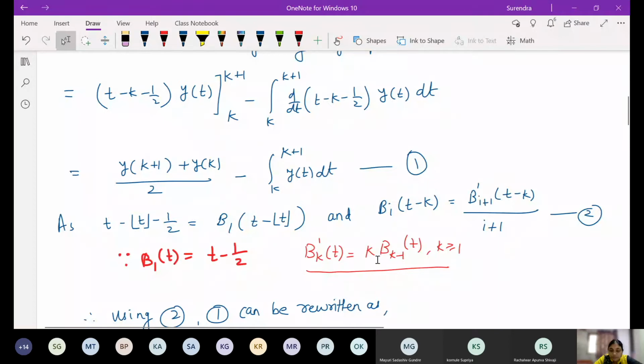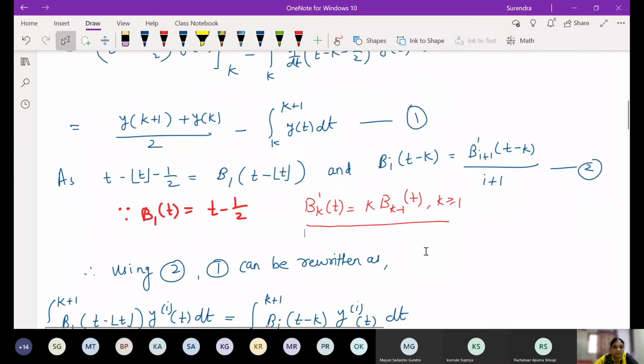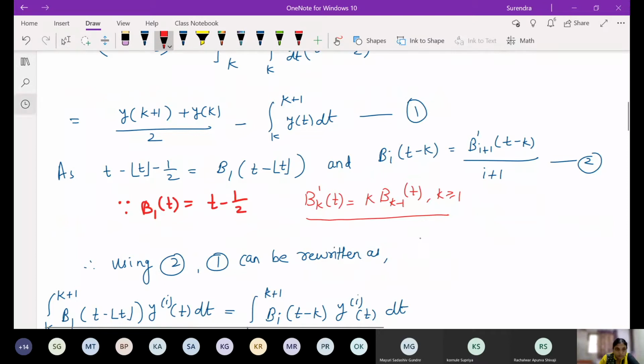It will be b_i, since i plus 1 minus 1 is i, at t, times i plus 1. It is just a rearrangement. So this we are having.